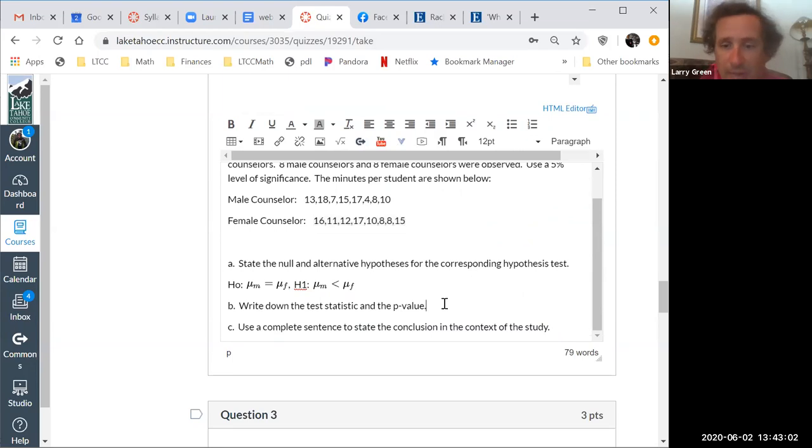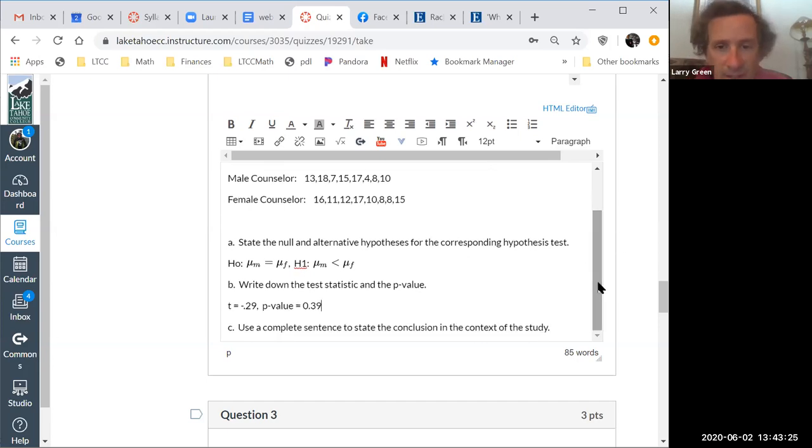So now we can answer part B. We have T is equal to negative 0.29. And the p-value is equal to 0.39. Any questions so far?